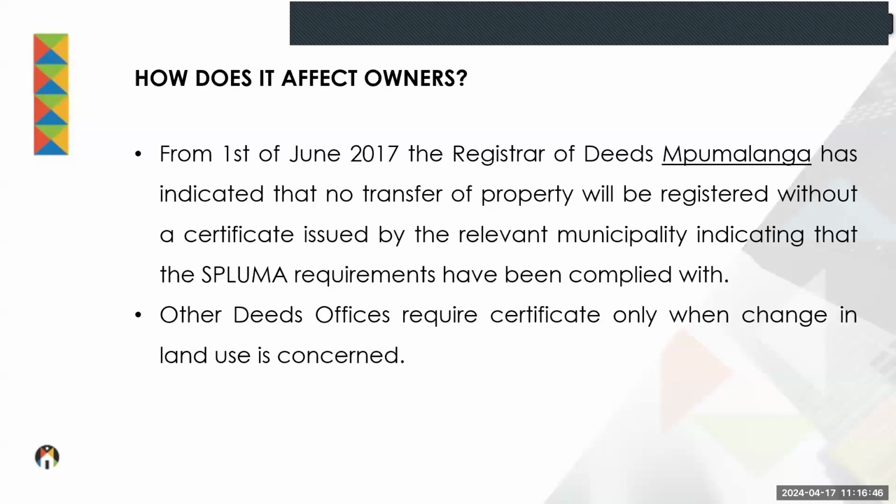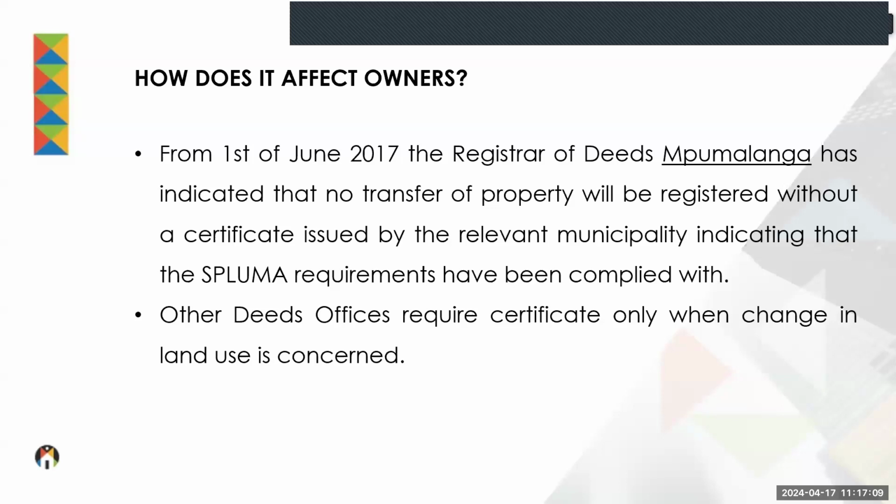There might be a few other provinces that have followed in the footsteps of Mpumalanga, but I know that Mpumalanga was the first one. So you couldn't transfer a property unless you've got a SPLUMA certificate. It doesn't matter what the property is, what land use, what's on the property, you have to obtain a SPLUMA certificate.